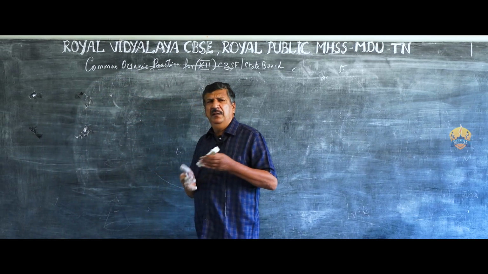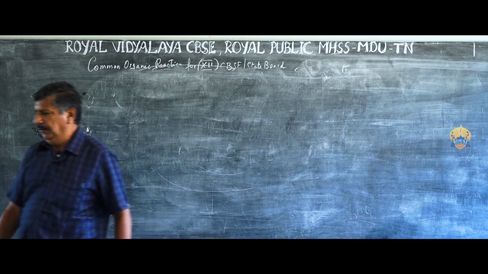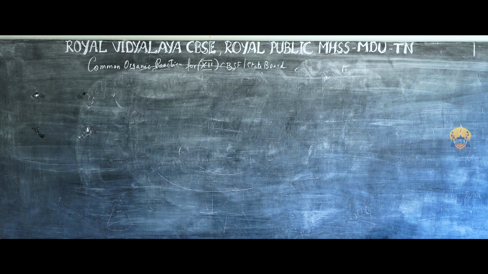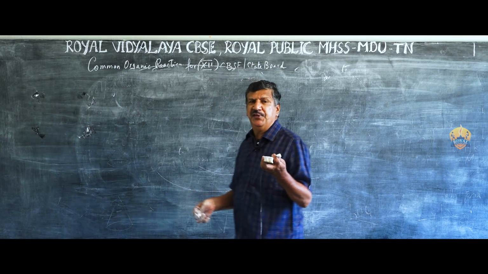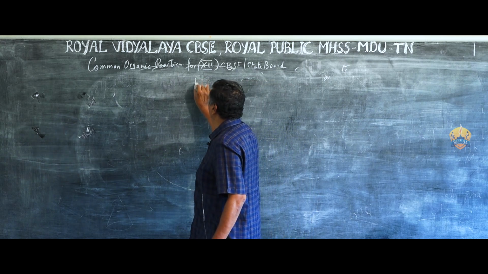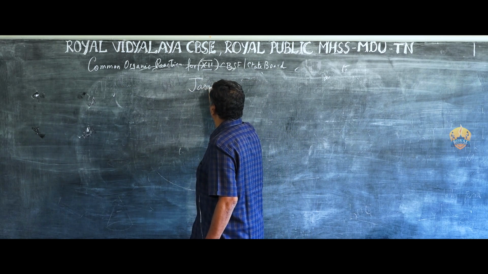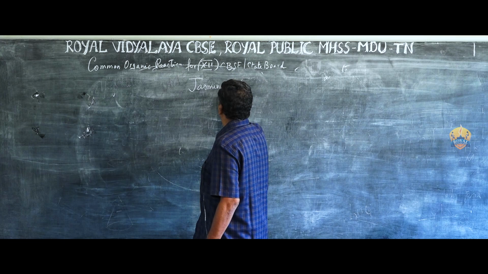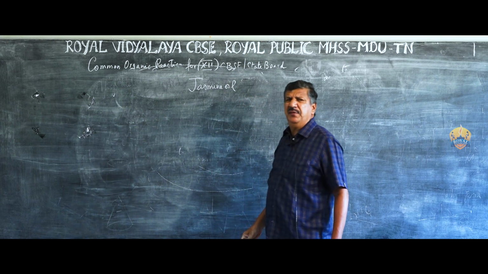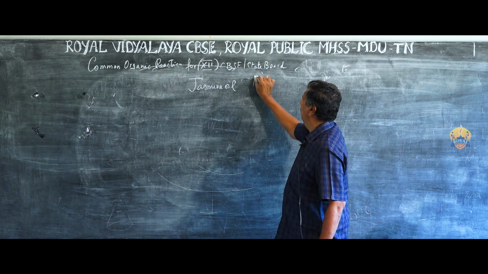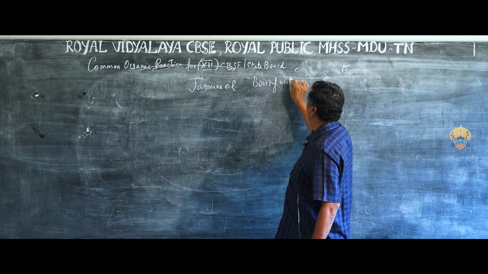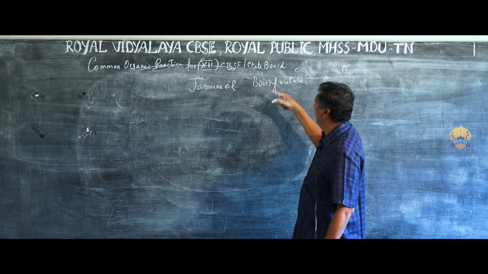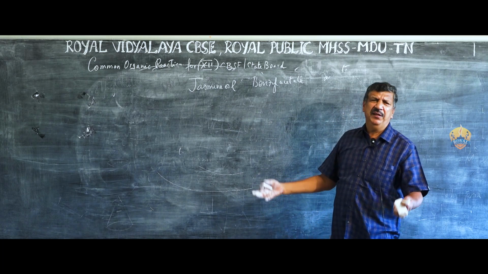There's a special reaction in ester. I'll tell you one special reaction in ester. You all know about jasmine oil. Jasmine oil consists of benzyl acetate. The main constituent is benzyl acetate. It's an ester.